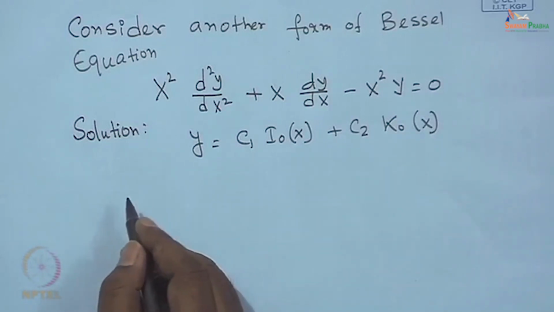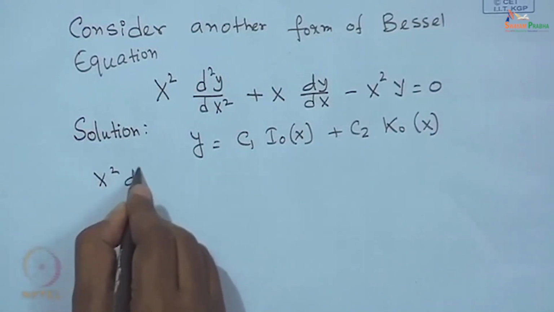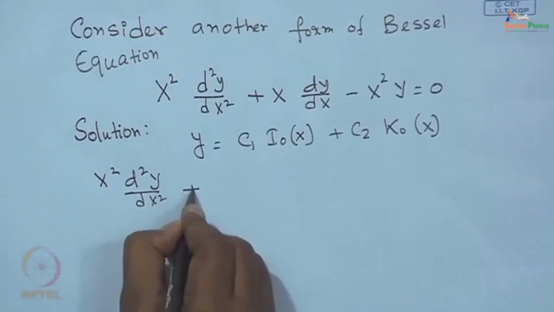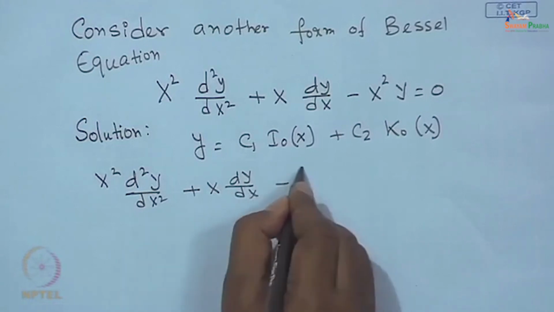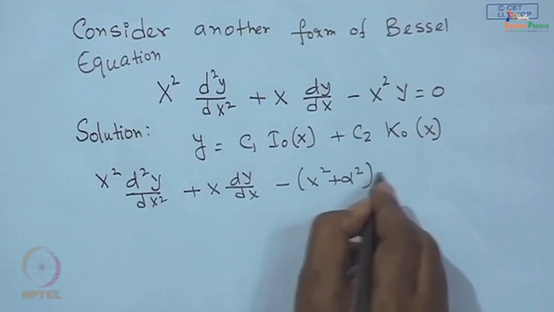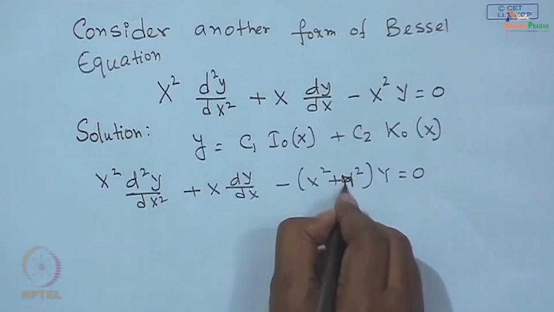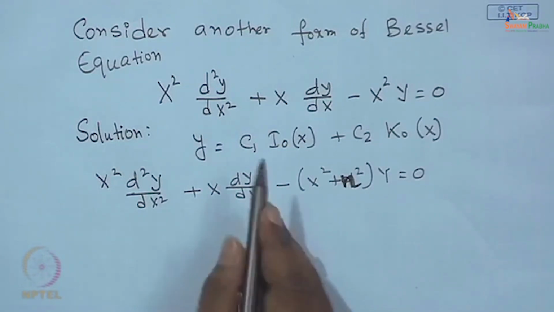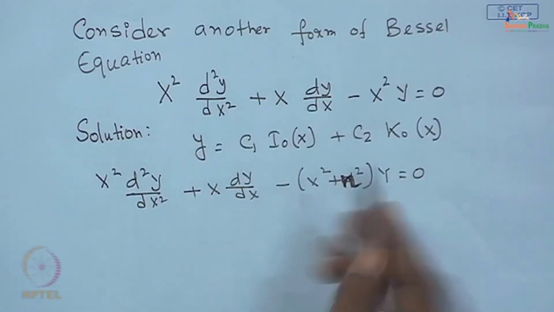Now, for a general form x square d square y dx square plus x dy dx minus x square plus alpha square times y is equal to 0, let us say x square plus n square to make it more uniform. Now, this equation is known as the modified Bessel equation.